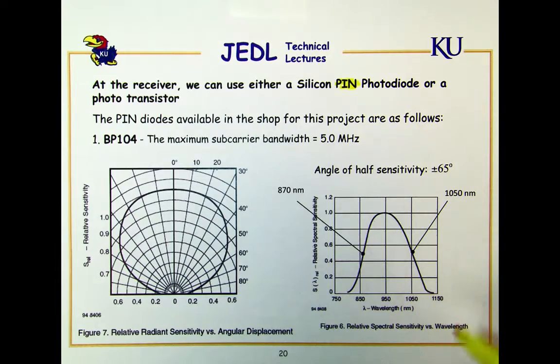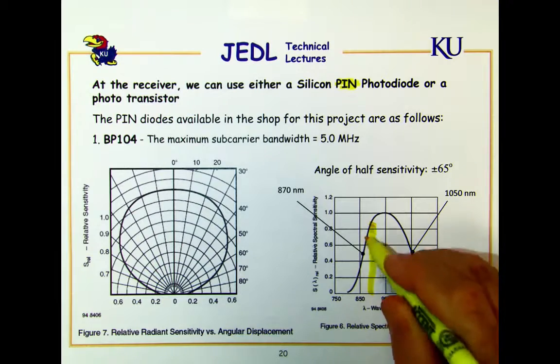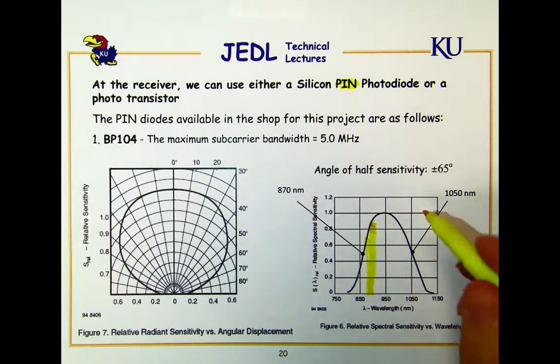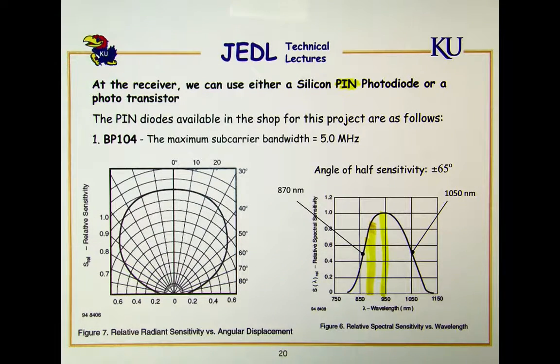It will work really well on the 940 nanometer type of device, but it also works well for the 880. Of course, the 880 nanometer would probably be down in there somewhere, and around the 940 be closer to the maximum peak right there. But nevertheless usable for either one of those types of radiators.